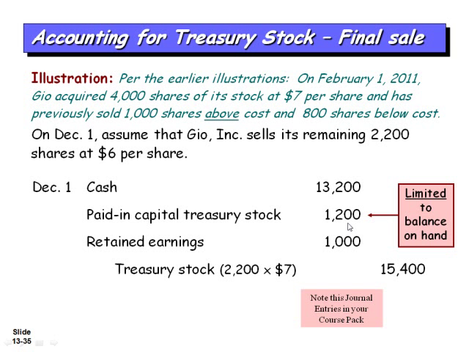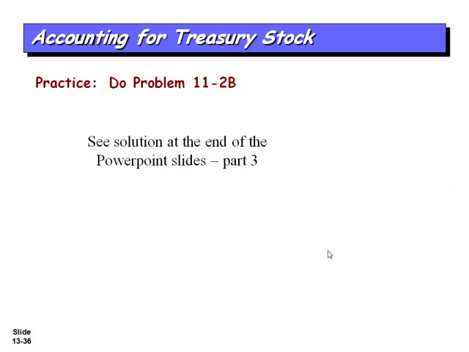We started out with 2,000. We reduced it by 800 in the last journal entry, and this is the remaining 1,200, but we still need 1,000 to balance this entry. So we're going to debit retained earnings. Okay, please take a shot at doing problem 11-2B, and again the solutions are in the back of part 3.